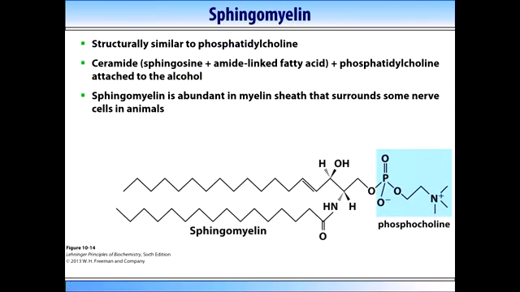Perhaps one of the most common examples of sphingolipids would be sphingomyelin, structurally similar to phosphatidylcholine. It contains the backbone called ceramide, with phosphocholine attached to the alcohol as a polar head group. Sphingomyelin is abundant in the myelin sheath that surrounds some nerve cells in animals.